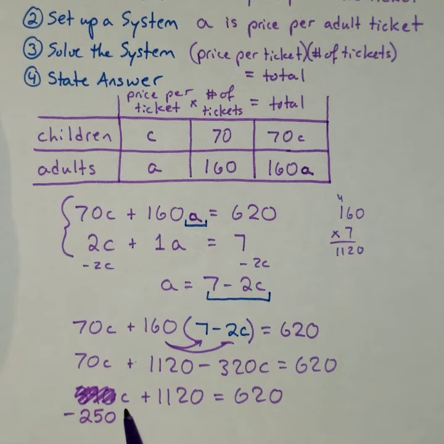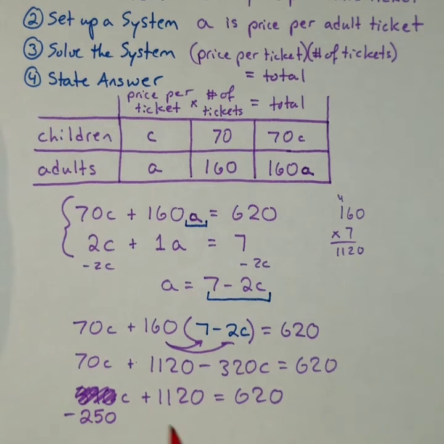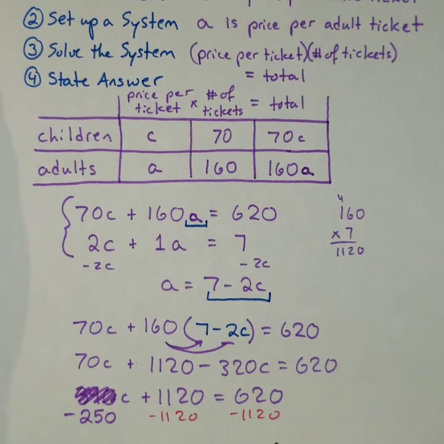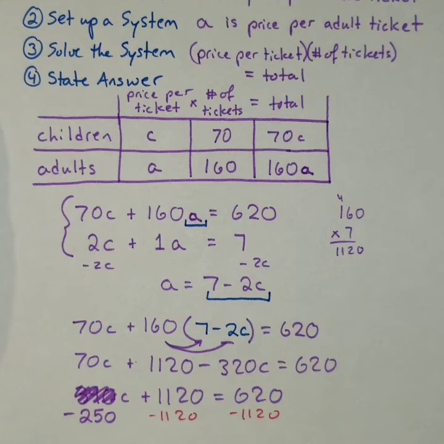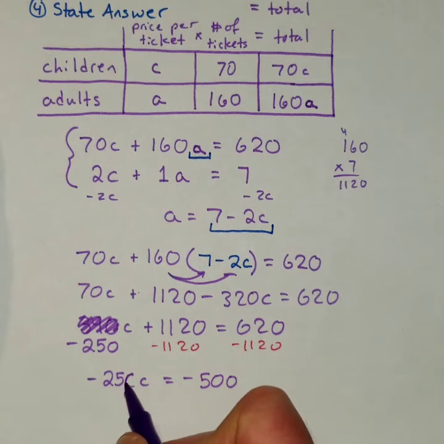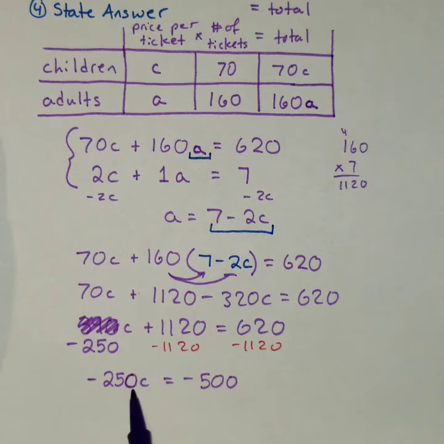And so I'm going to subtract off the 1120 from both sides. 620 minus 1120 should be negative 500. So this becomes negative 250C equals negative 500.